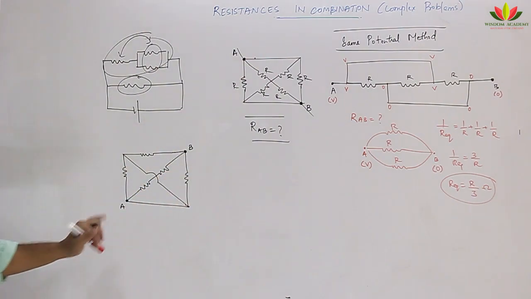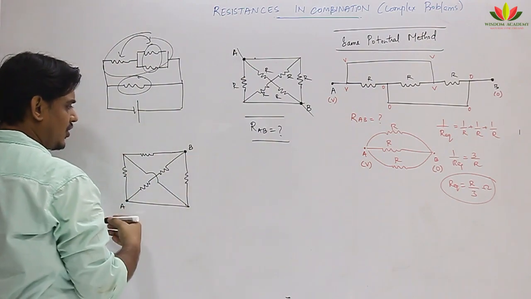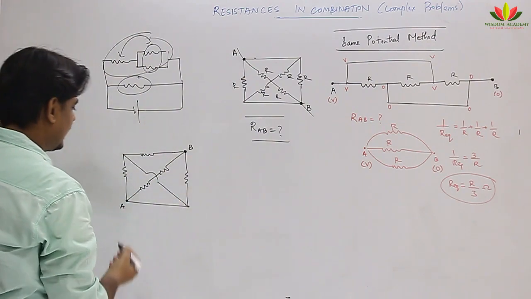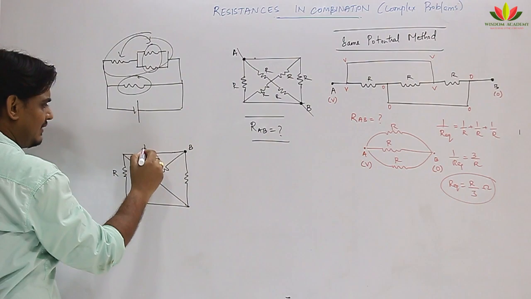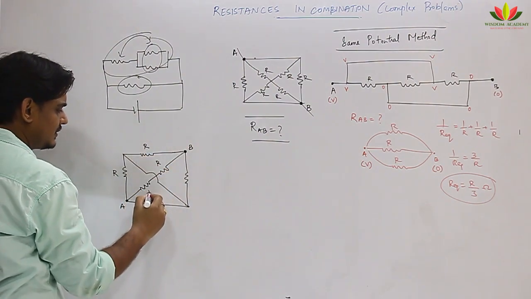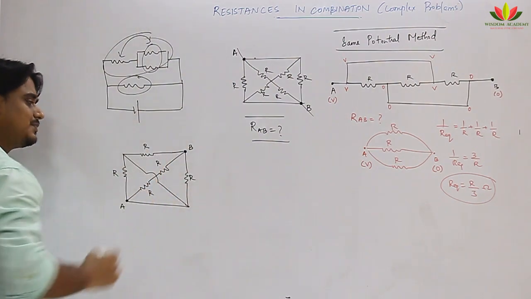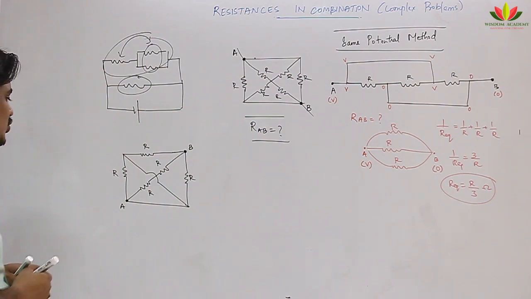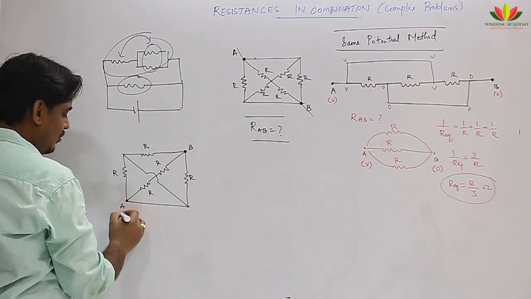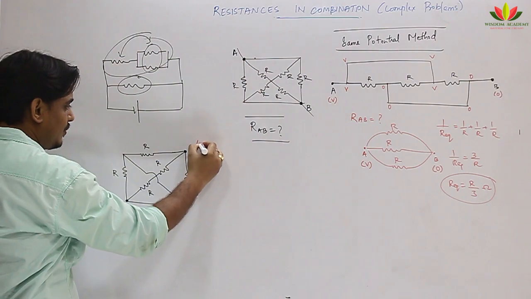So this is point A, this is point B, and you have to find the potential drop between A and B, and everything is R once again. You can take any value also, your wish. I want to find the potential drops. I am assuming again A potential to be V, B potential to be 0.